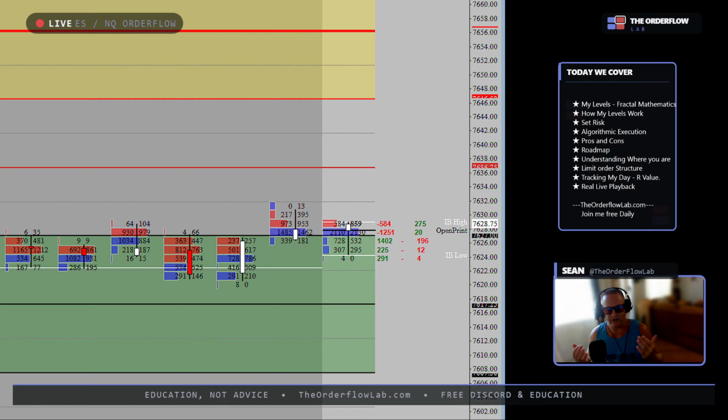Now, if we open in an area where price should reverse, I'm talking about opening the day, I'm waiting at least the first 30 minutes, because we could shift levels up or down, since we're opening so deep into these zones. I've got to give price a chance to settle down and let things recalculate, and then I'll get into my day. So it's always important to know where you are.